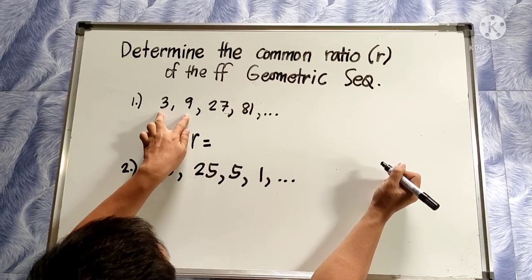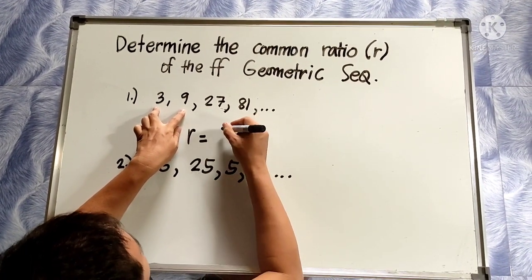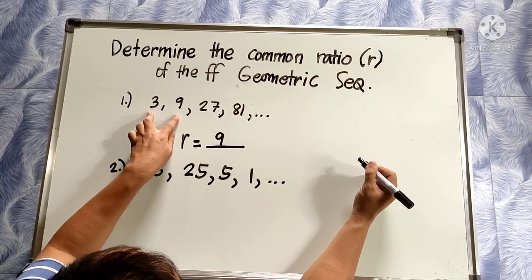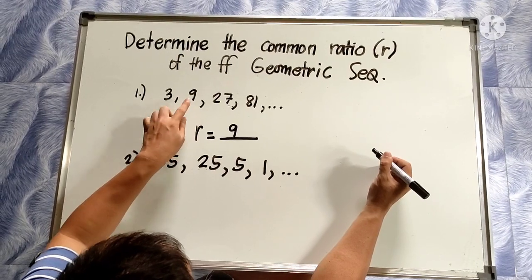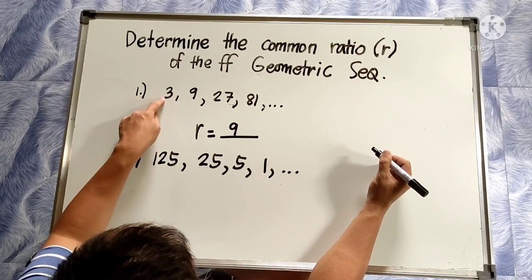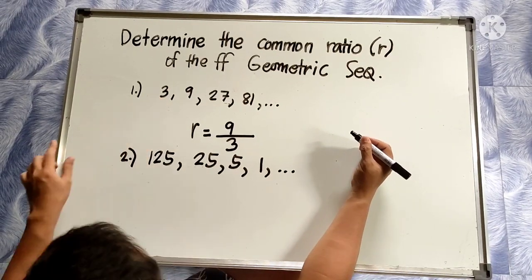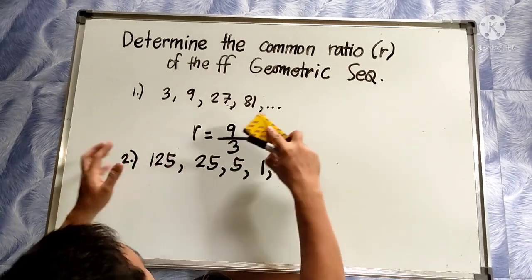So you can have this. You can have 9 divided by 3, since we're talking about ratios, so it is division.